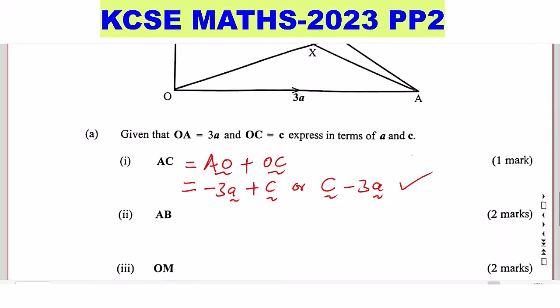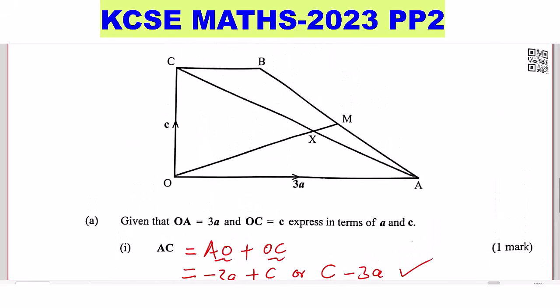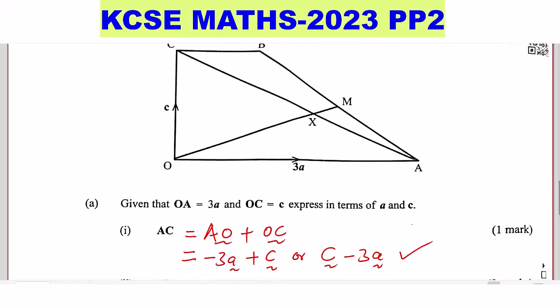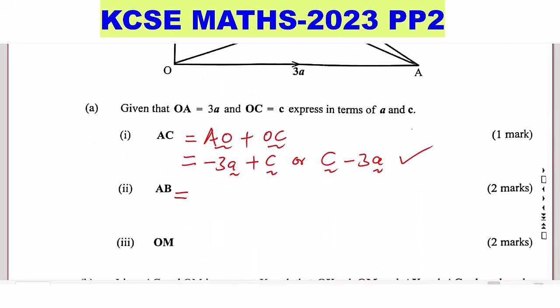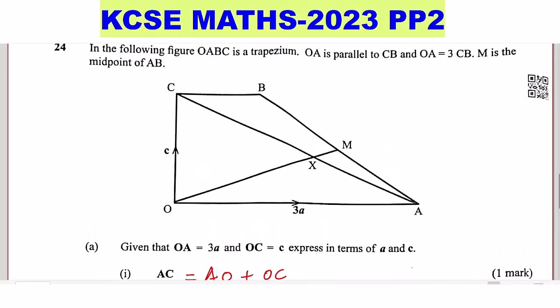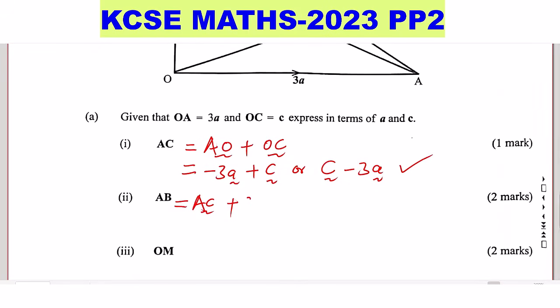Part 2, AB. So you want to move from A to B. The easier route is from A to C, then from C to B. AC, we already found in part 1. So AC is c minus 3a.